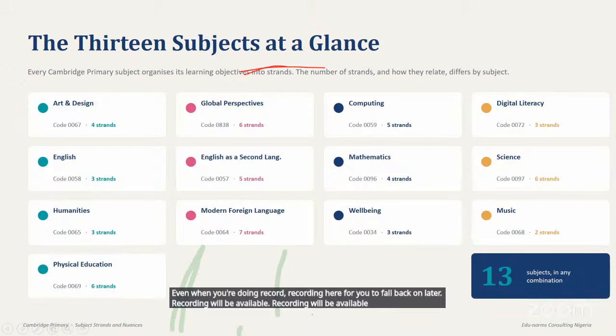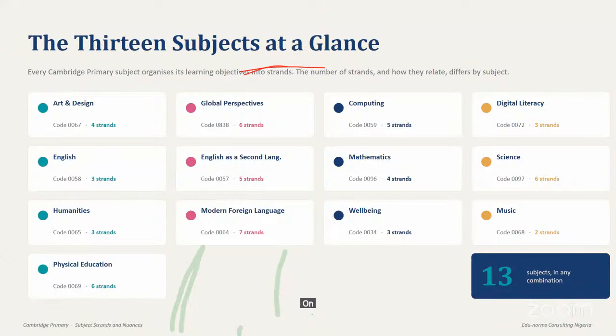Now, what I've put on the screen here are the 13 subjects that exist under the checkpoint framework of the British curriculum. Checkpoint syllabus, just 13 subjects. But schools in the UK run a maximum of 12, never 13.